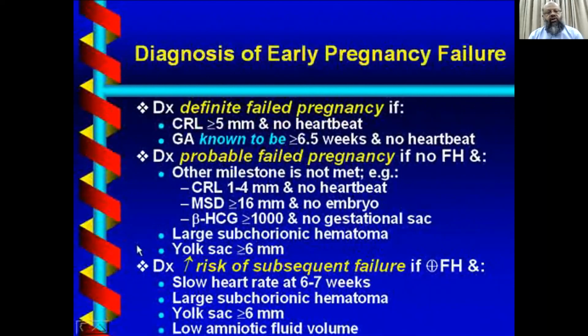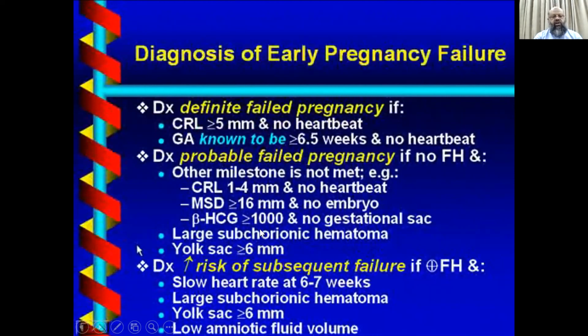Then the diagnosis: probable failed pregnancy, if there is no fetal heart and other milestones are not met. For example, CRL 1 to 4 mm and no heartbeat. So it is still less than 5 millimeters, which we discussed to diagnose it as definitive failure. Mean sac diameter above 16 mm and no embryo.